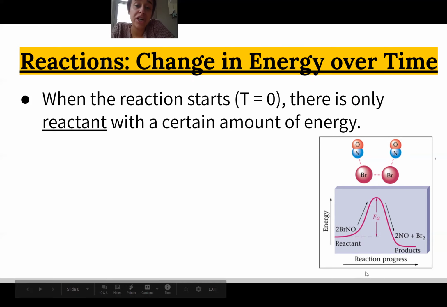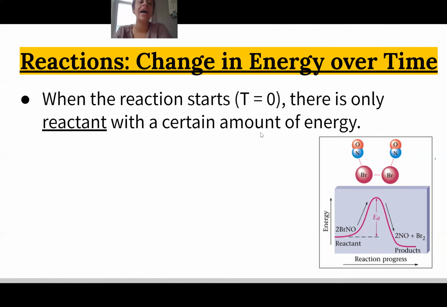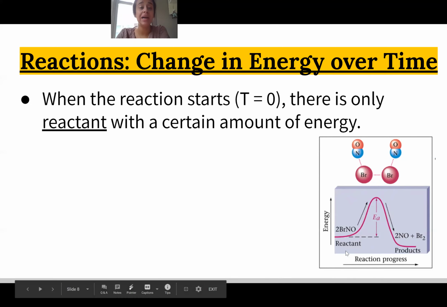When the reaction starts, T equals 0, and T here stands for time and not temperature. Time is the amount of time that has elapsed since the beginning of the reaction. When you first begin the reaction, your time is 0 because it's all relative to when the reaction began. So time equals 0 would be down here at the far left, bottom left-hand corner of the graph.